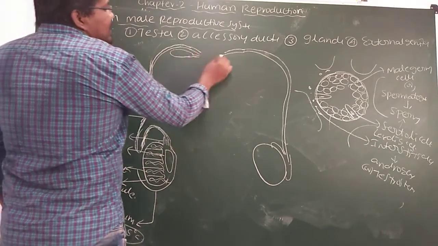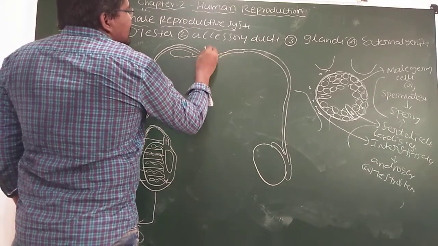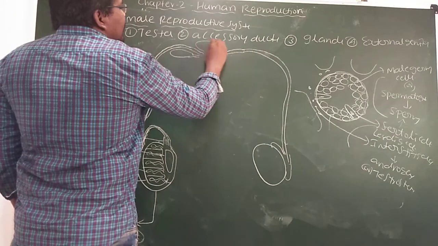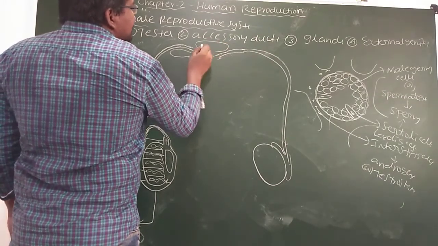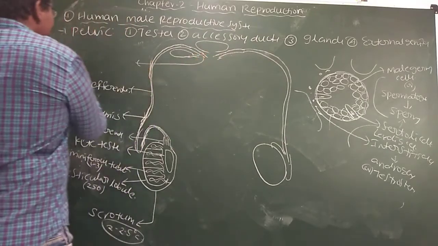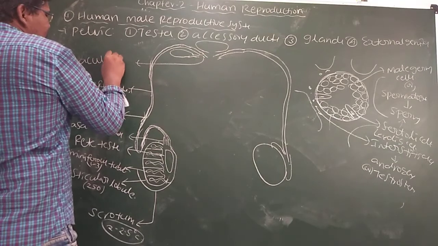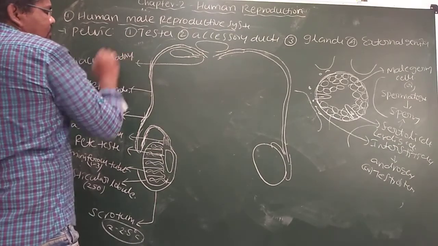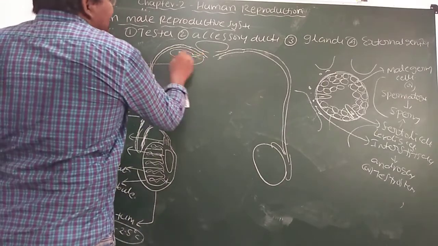Okay, vasa deferentia enter into the abdomen and become the ejaculatory duct. How is the ejaculatory duct formed?